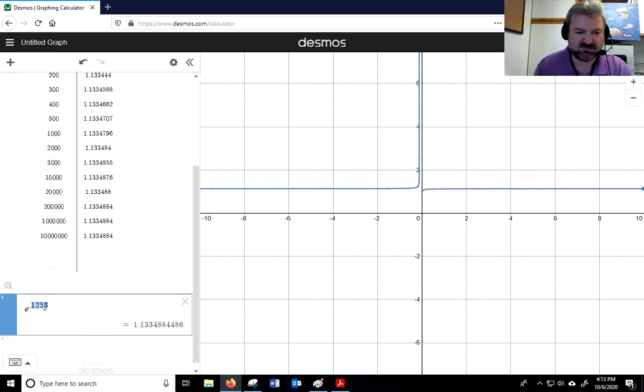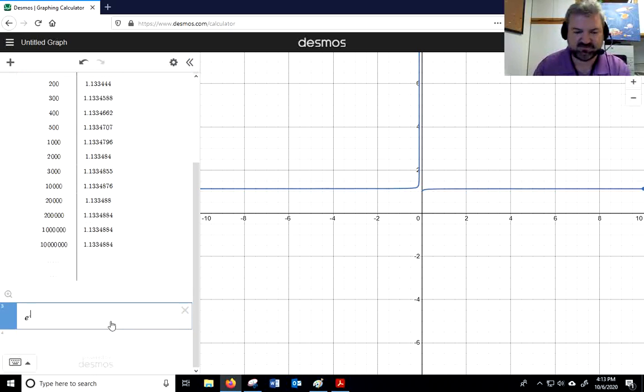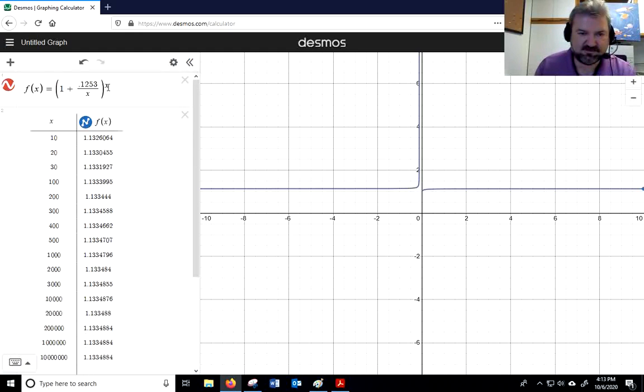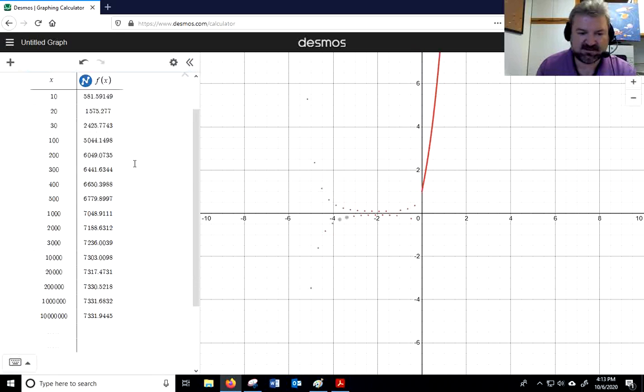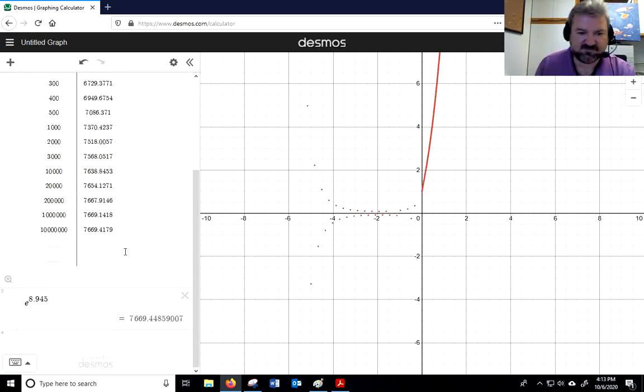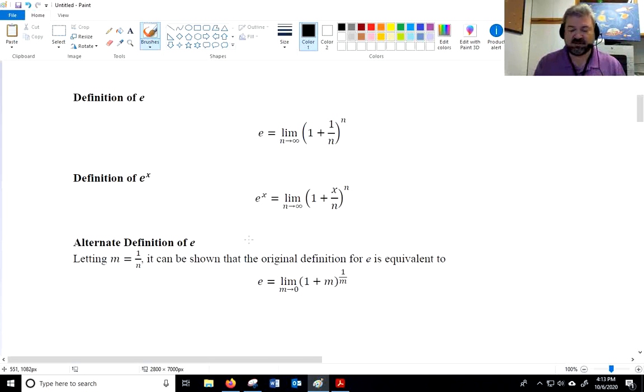All right, let's try another one. Let's try 8.945. And you'll notice it's converging again to that same value. So by just replacing the 1 with an x, we get e to the x.